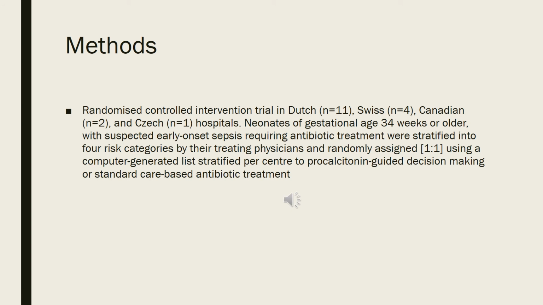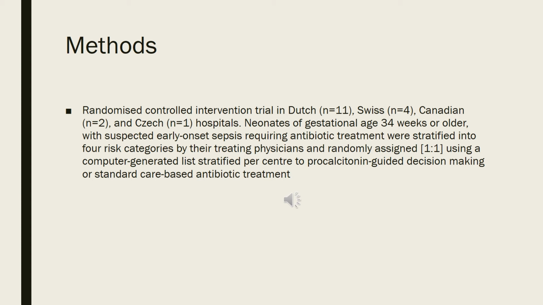So as far as the methods, it was a randomized controlled trial, but they were centers in Dutch, Swiss, Canadian, Czech hospitals, and the number is pretty low too. So that's a weakness of this trial.